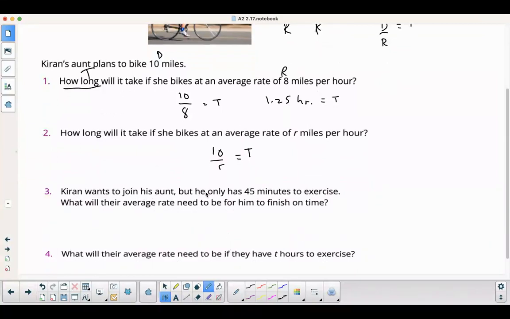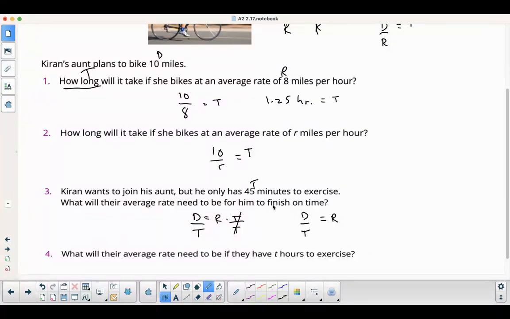Kieran wants to join his aunt, but he only has 45 minutes to exercise. What will their average rate need to be for him to finish on time? So this time we have the time. We know our distance still, so let's do this. Distance equals rate times time. What will the average rate need to be? So this time I'm going to divide by t. So distance divided by time will give me the rate.